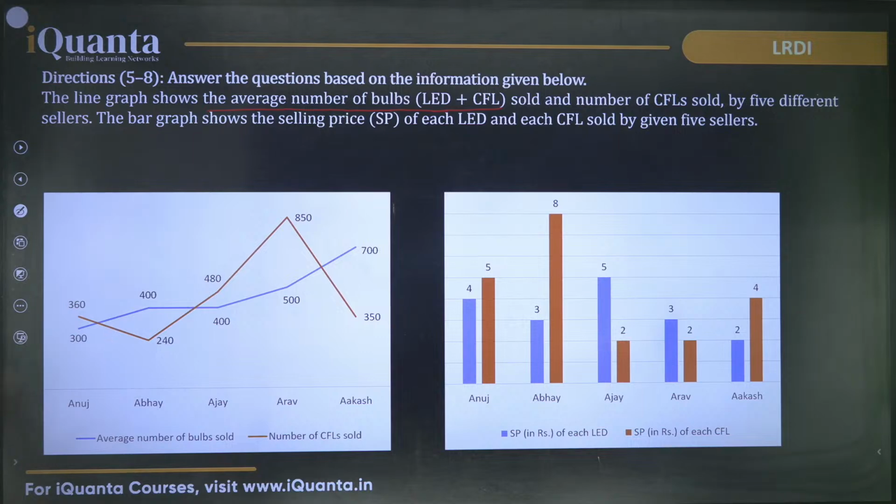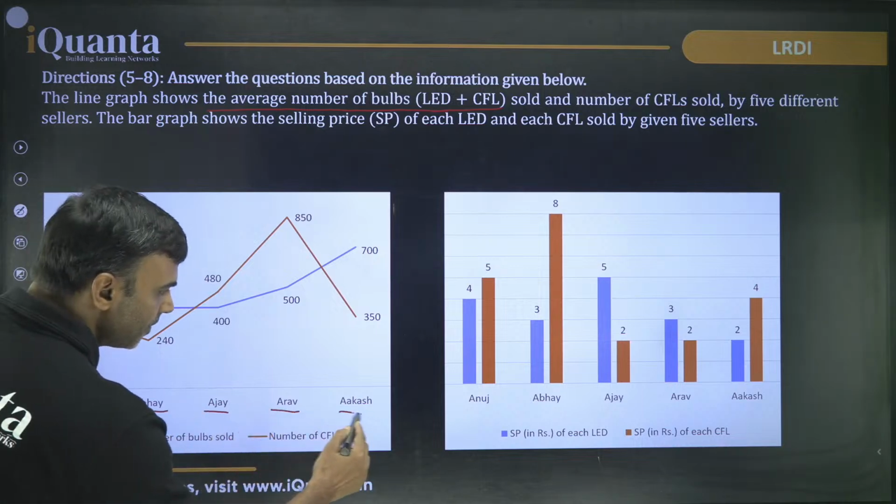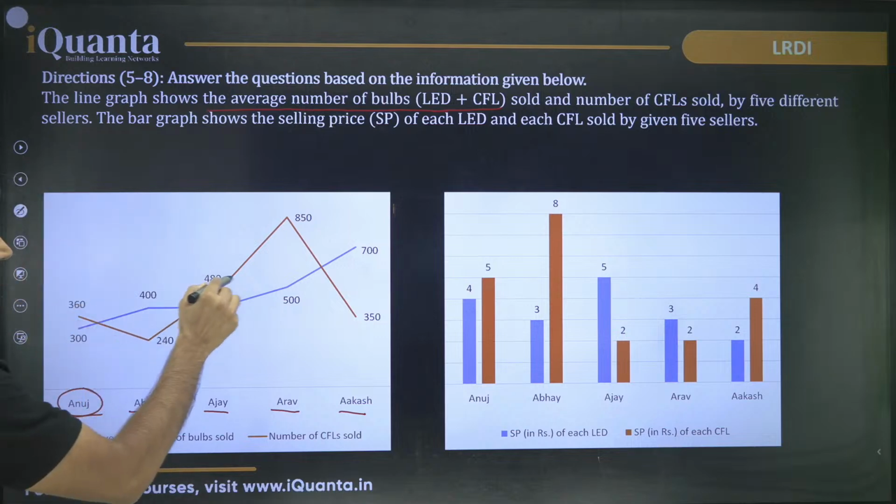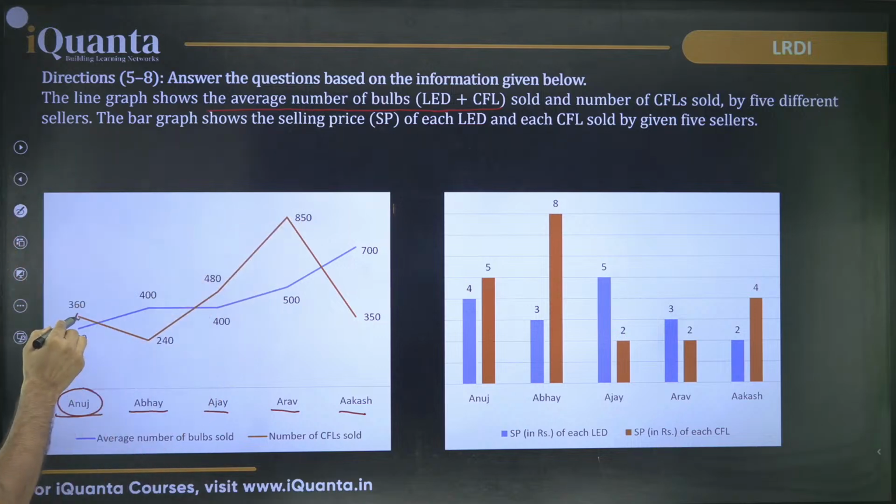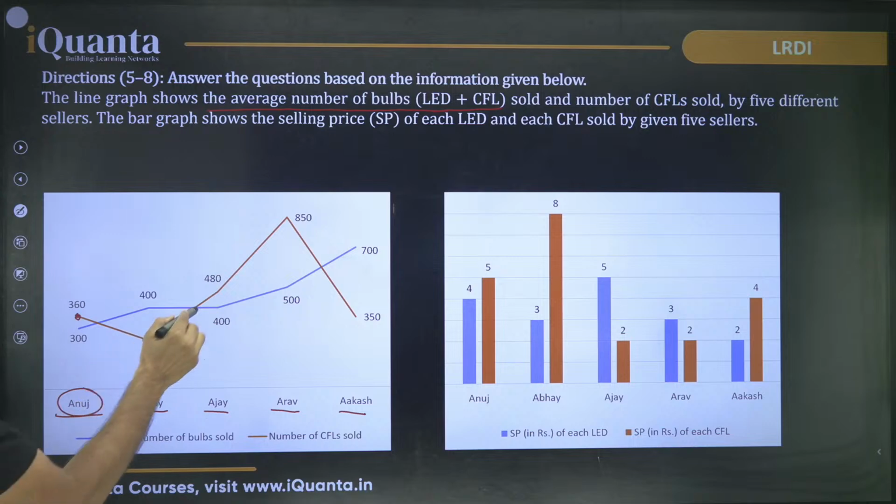I'll just try to explain one of them. Let's say Anuj. Right? Color coding. In DI you will always see that. On the axis we have the names. Then these are the line graphs. Every turn or every corner gives us a value.